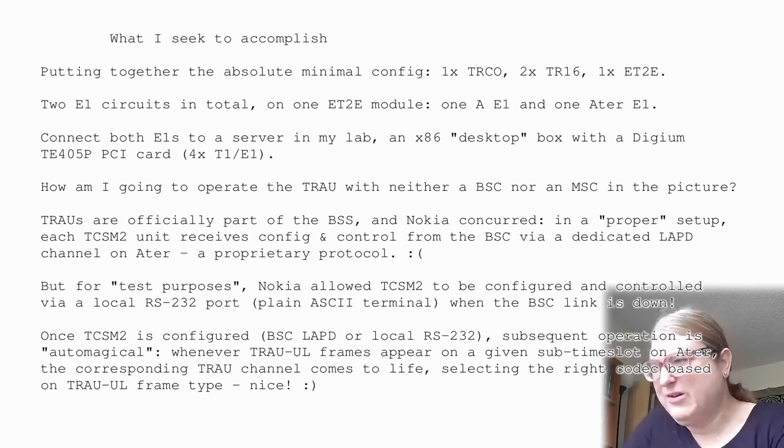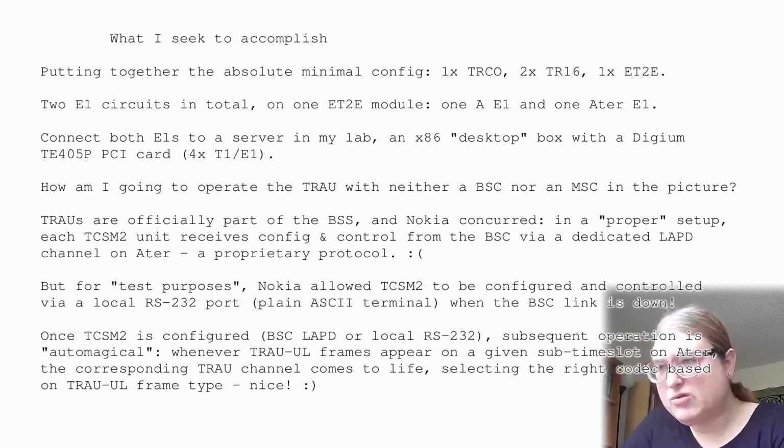I was exchanging emails earlier with Dieter about his Siemens VSC and TRAU. He's saying, no, this TRAU can only work with the Siemens VSC. It can't work any other way. That may be the case with Siemens, I don't know, but in the case of this Nokia unit, they do have this little escape hatch, which I'll show when we get to the hands-on hardware part.